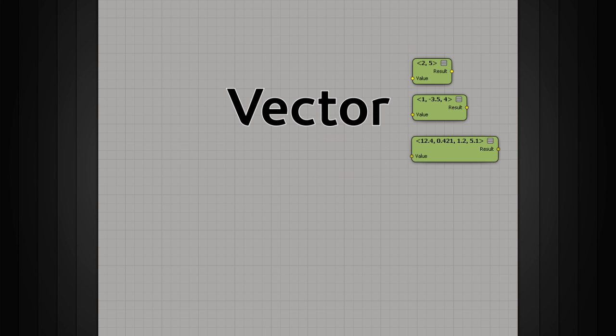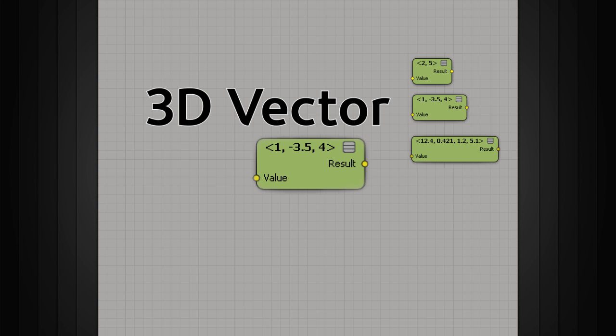Next we have vectors, which are one of the most common data types we encounter in 3D because they are how we store positions. Remember at the beginning when we said that a point in space is defined by three numbers? These three numbers together are called a 3D vector. 3D means that this vector has three components or dimensions.